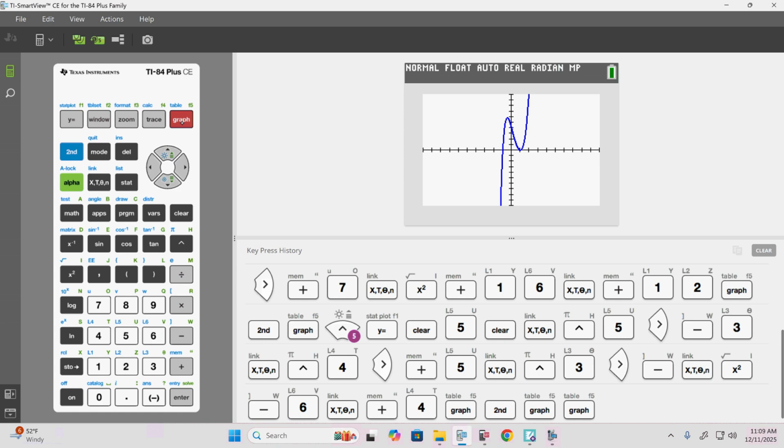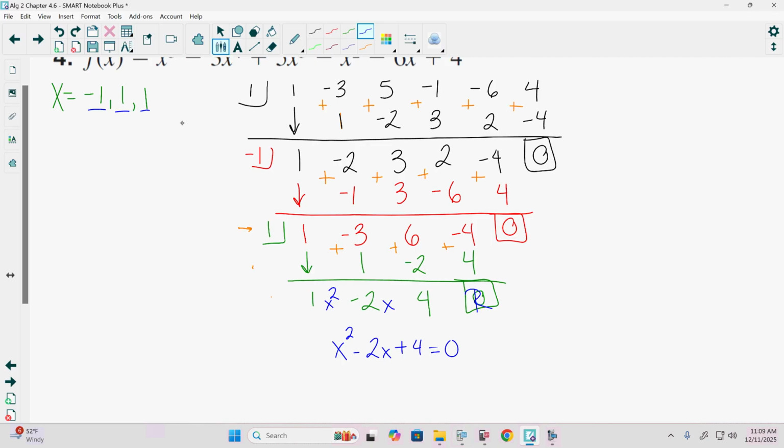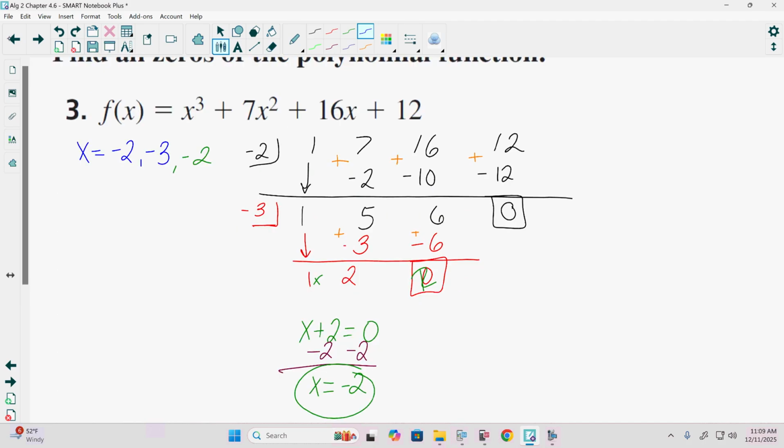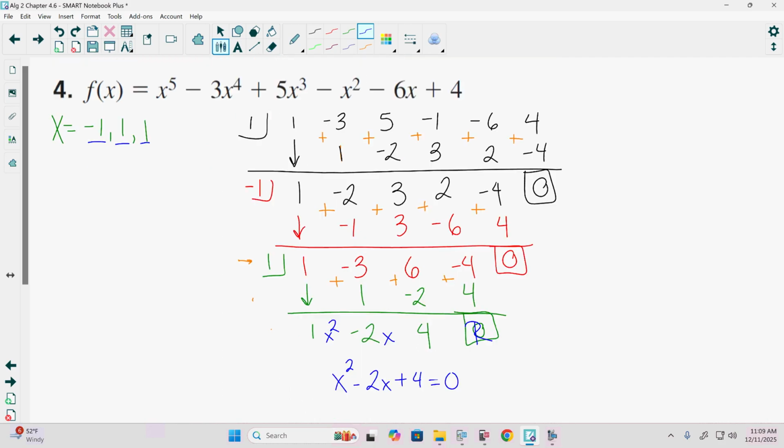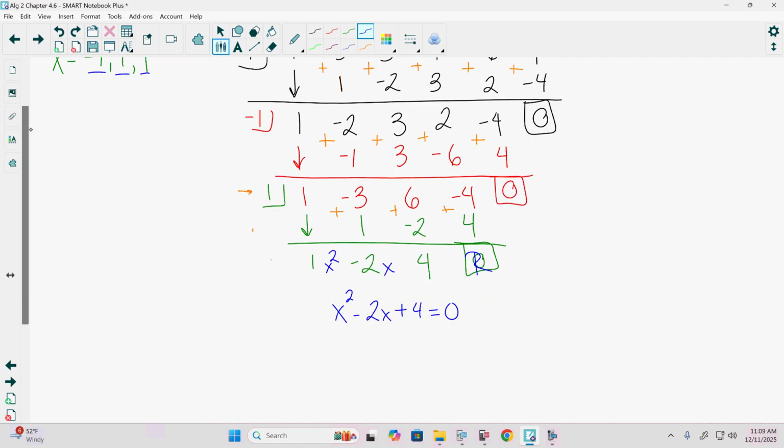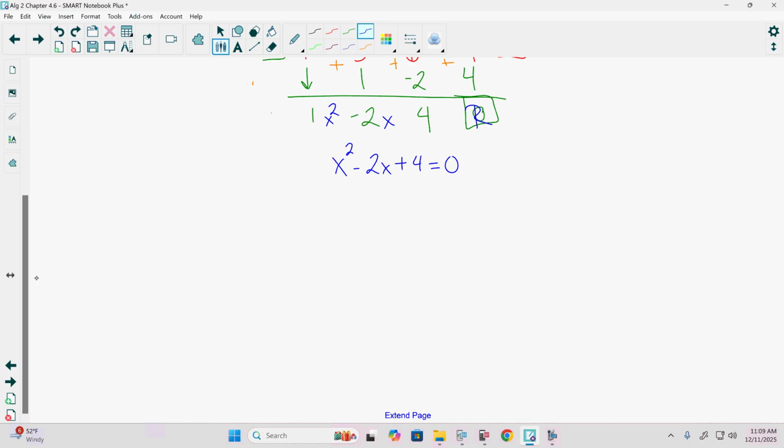Does that kind of make sense? The order in which we do the synthetic divisions for solving doesn't really matter. We've just got to make sure we do all of them. Because even on the last one, I could have done -3 first and then followed it up with -2. Any other questions? Does that make sense?